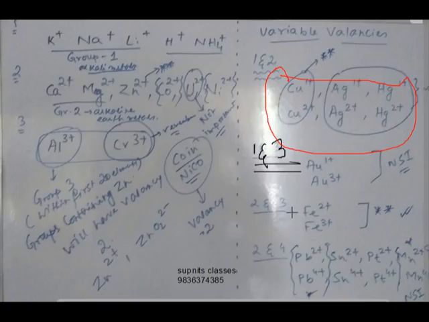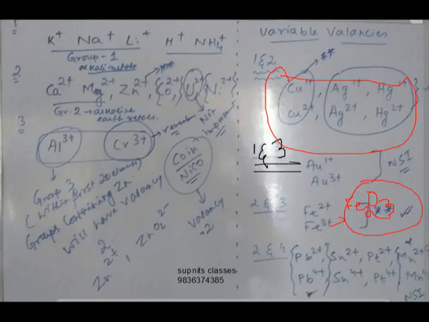Now for 2 and 3 valency, just jumping over a little, it will be iron. Iron is already having a valency of 2, that is very well known to us. Do you remember this? This is Fe2O3, ferric oxide.